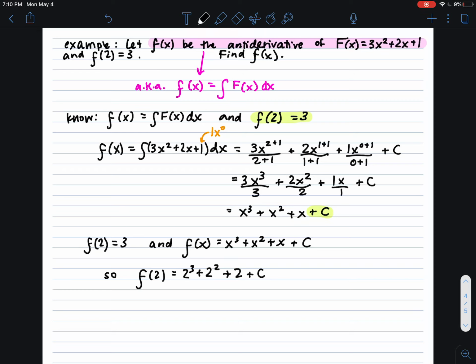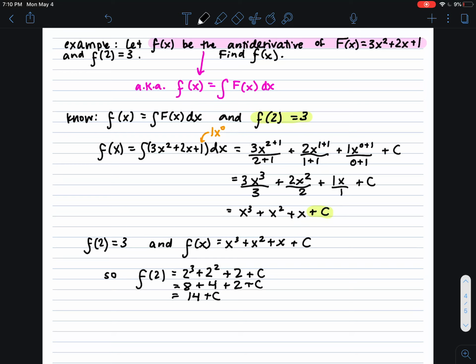because we're just plugging in 2 for our x's, which simplifies to 8 plus 4 plus 2 plus c, which is 14 plus c.